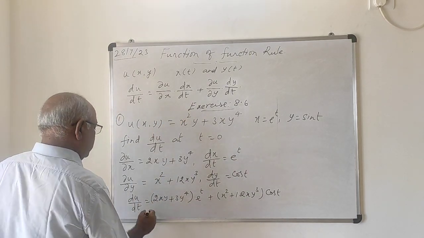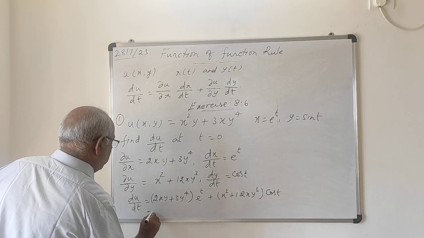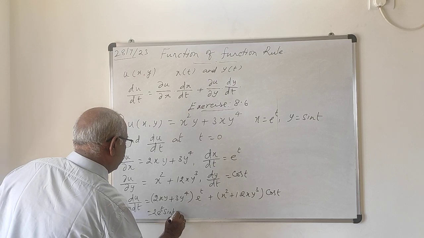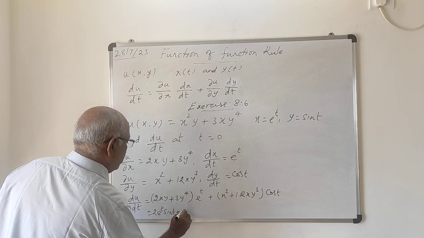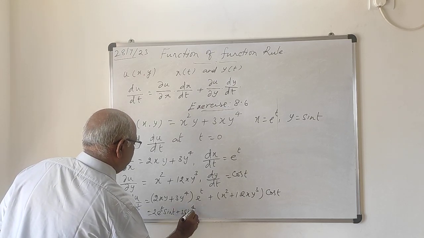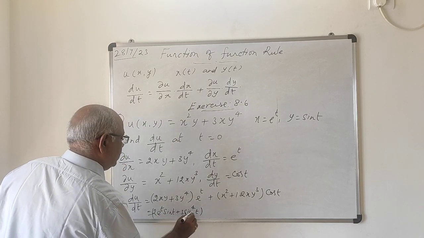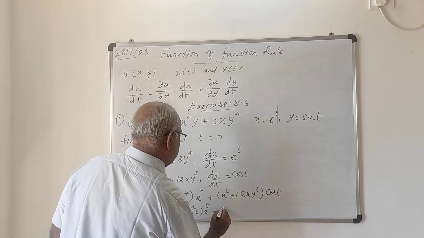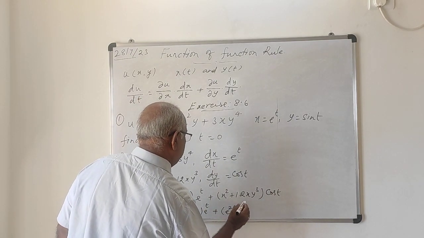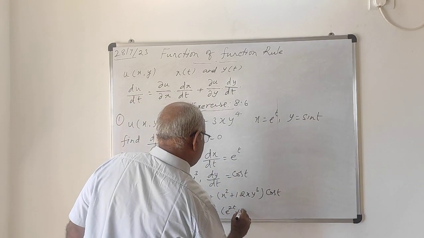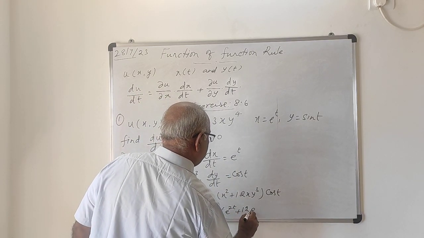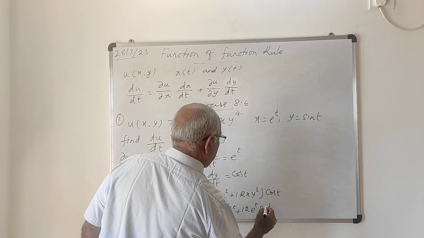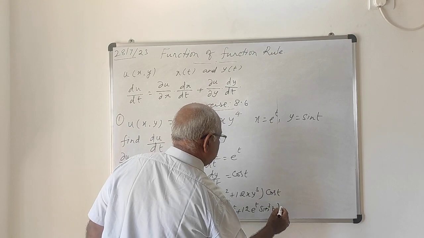Now you replace: 2 into x is e power t, y is sin t, plus 3 into y power 4 is sin power 4 t into e power t, plus similarly x square is e power t square, which is e power 2t, plus 12 into x is e power t, y is sin t, y cube is sin cube t into cos t.